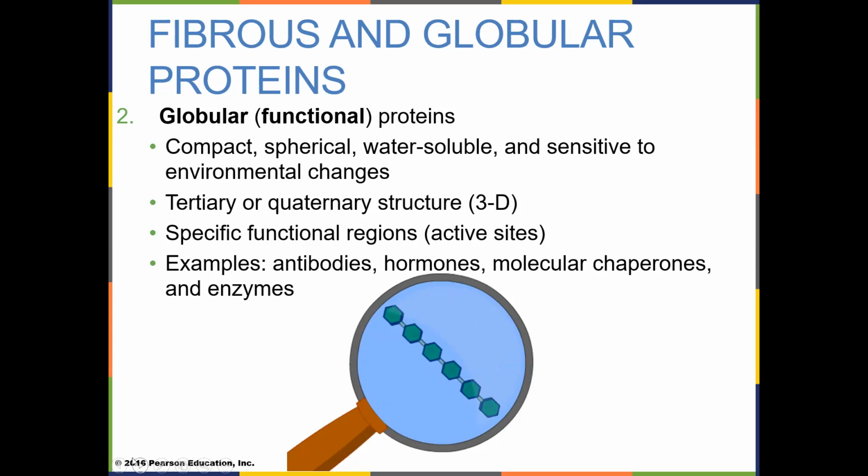Many of these are going to be functioning as antibodies. Antibodies glom onto foreign structures and are targeted for destruction or removal. Many of these function as hormones, which are chemical messengers sent out by the pituitary gland, telling a cell to do something, like tell the thyroid gland to make more thyroid hormone, or tell the kidneys to make more erythropoietin to stimulate red cell production.